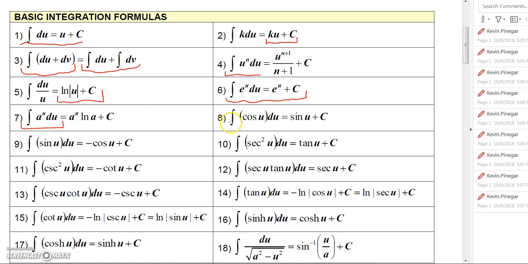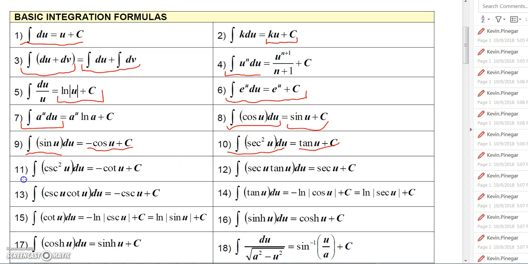Then we get into our trig integrals. If you integrate the cosine of u du, that's going to integrate to sine of u plus a constant. If you integrate sine u, that's going to integrate to minus cosine of u plus a constant. If you integrate secant squared u, that's going to integrate to tangent u plus a constant.